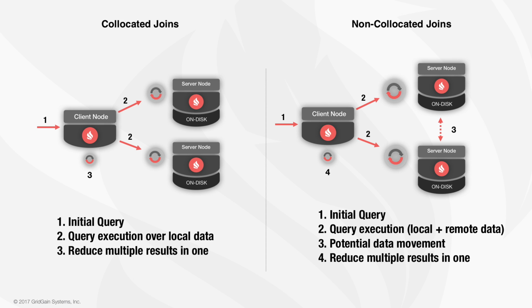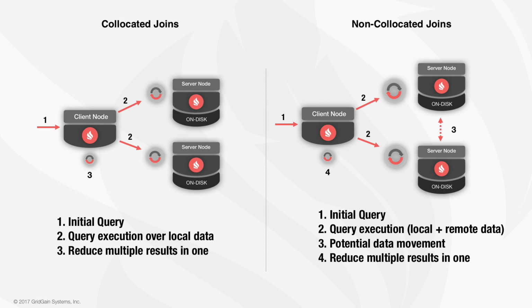For sure, this type of join is less performant than collocated ones, but what it gives you is that it allows you to write and develop 100% of the SQL queries you need for your business needs.